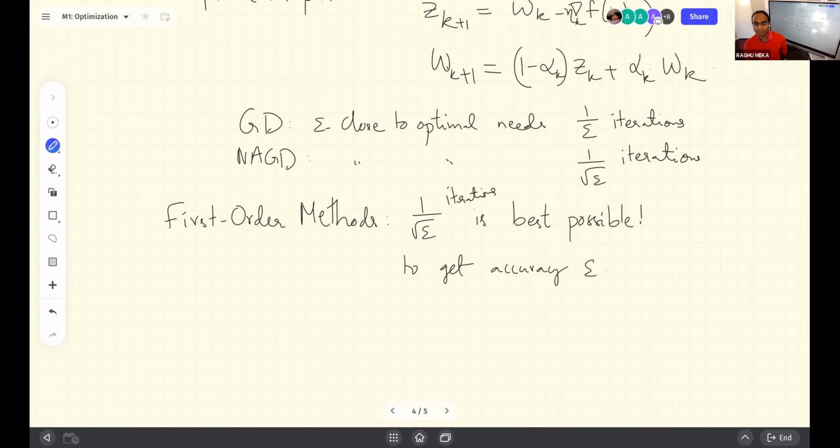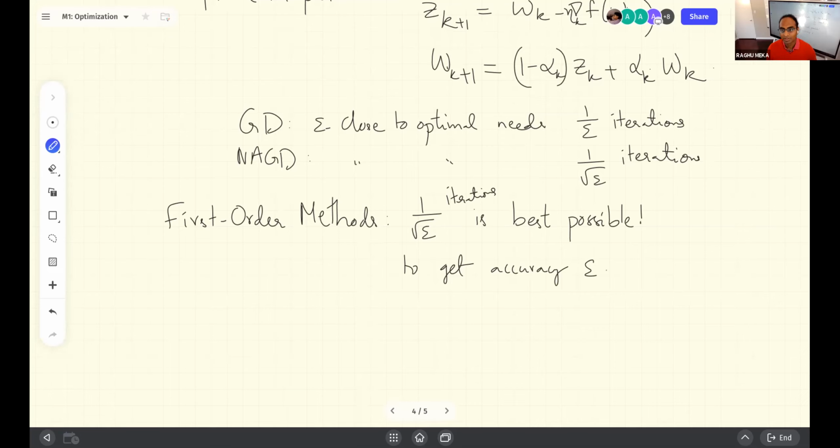So there's a theorem which tells you that if you want epsilon accuracy using a first order method, then you need to query the function at least 1 over square root epsilon points. You need at least 1 over square root epsilon gradient evaluations. Okay?